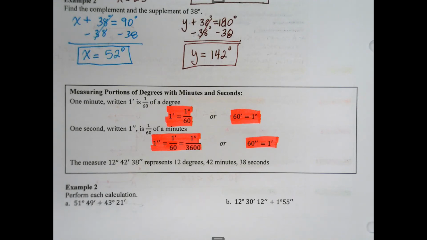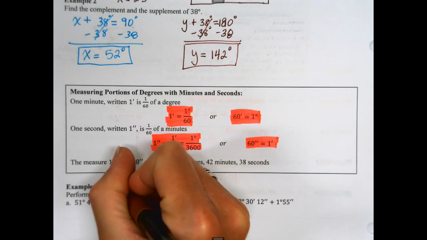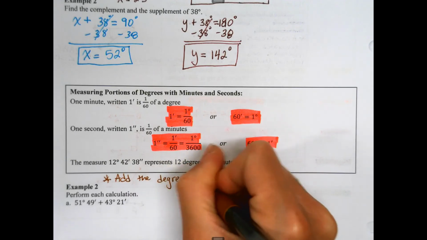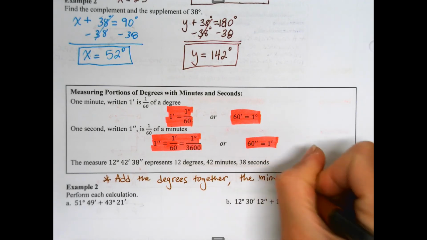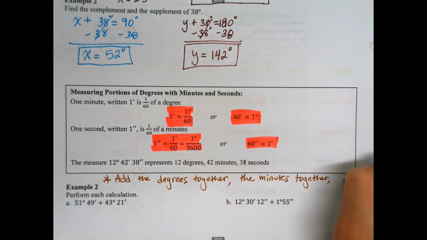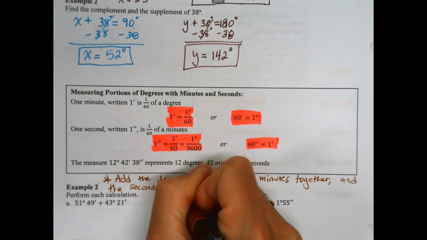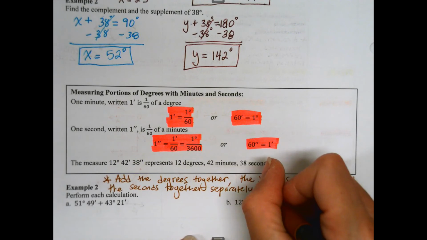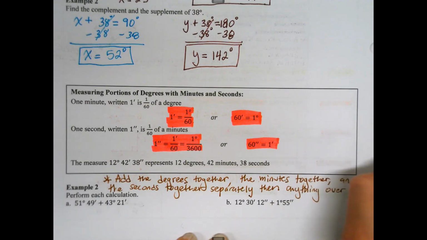Whenever we are going to add with degrees, minutes, and seconds, we're always going to add together the degrees, the minutes, and the seconds separately. Then anything over 60 gets reduced.